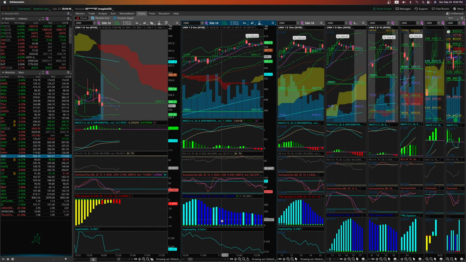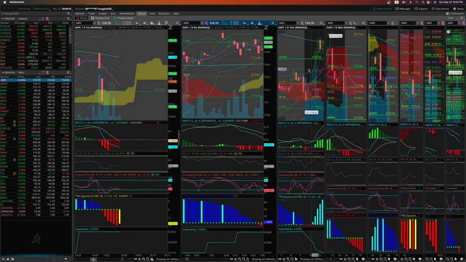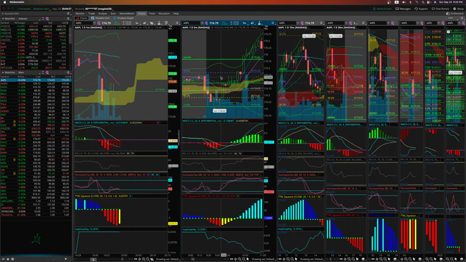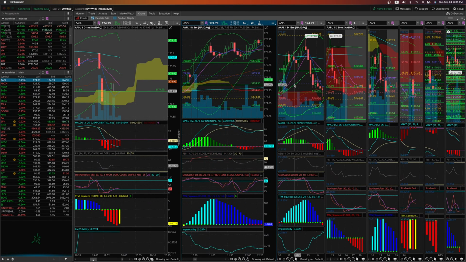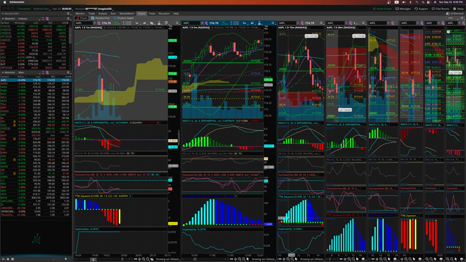Or I say okay, it's running up, and then I say okay, first dark blue bar, that means maybe the jump up is finished. For example, Apple was running up. You can see here Apple was very strong on Friday, and was very bullish on the 15 and 30.